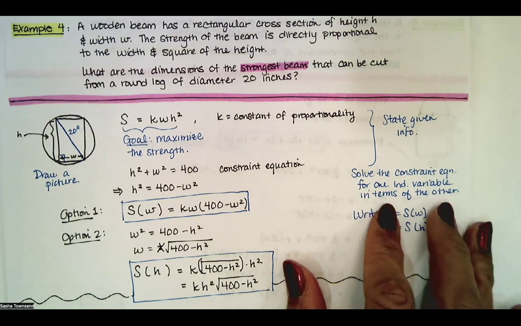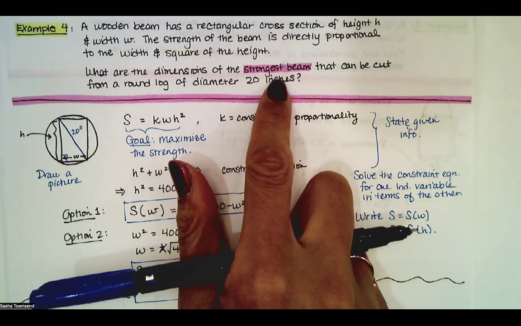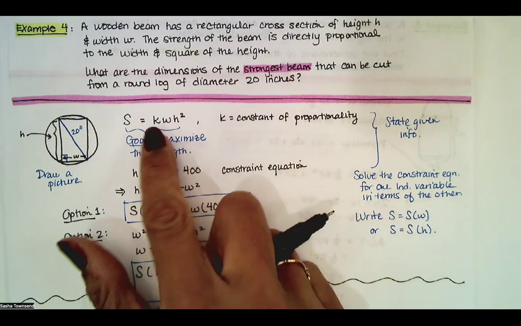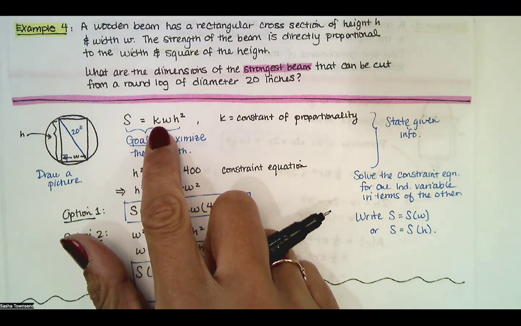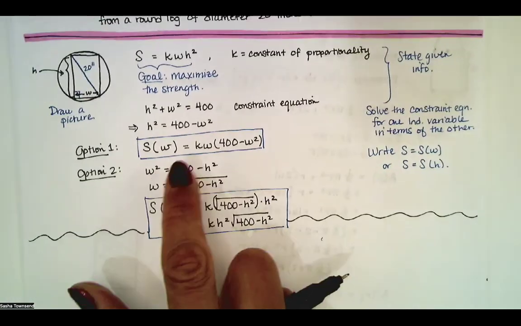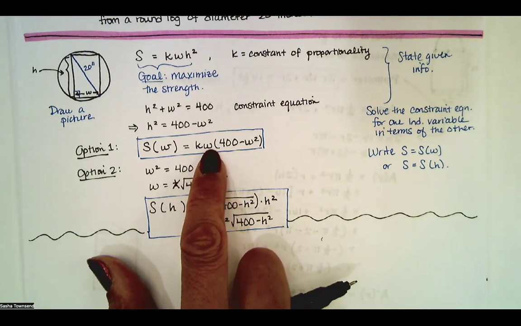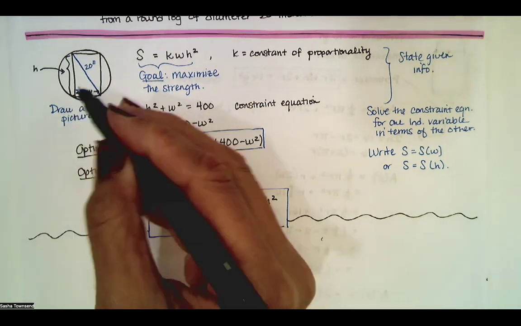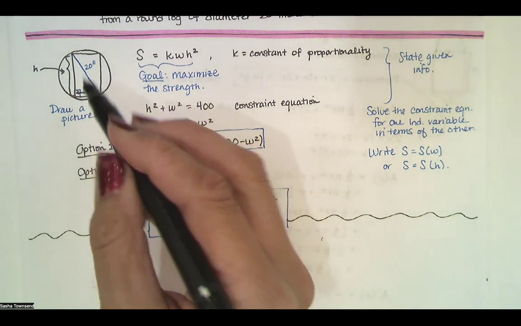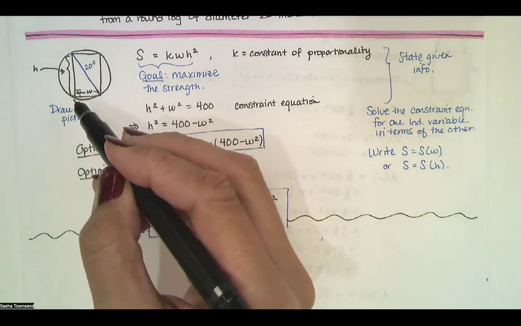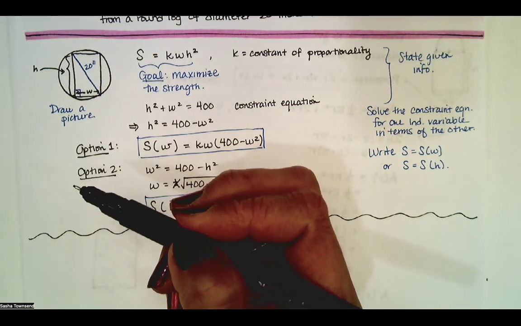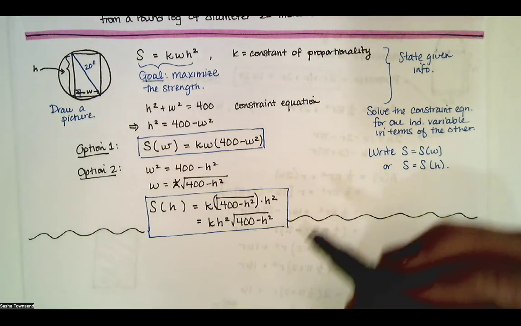And then once you do that, you're trying to find the strongest beam possible. If this is the strength, that means we want this to be at a maximum. So we want to maximize that function. We can maximize that function by maximizing this or maximizing that. Let's maximize this one. And then the implied domain, or the feasible domain, would involve W and H being greater than 0.